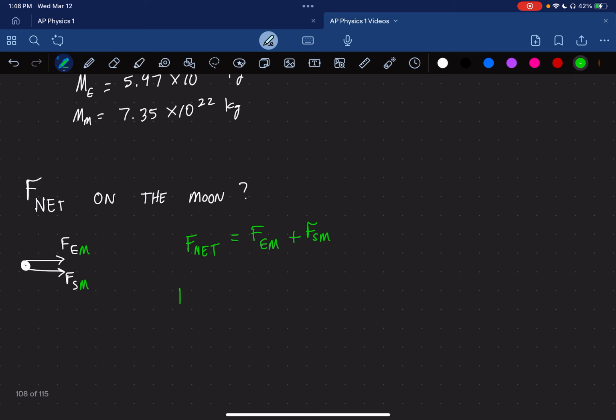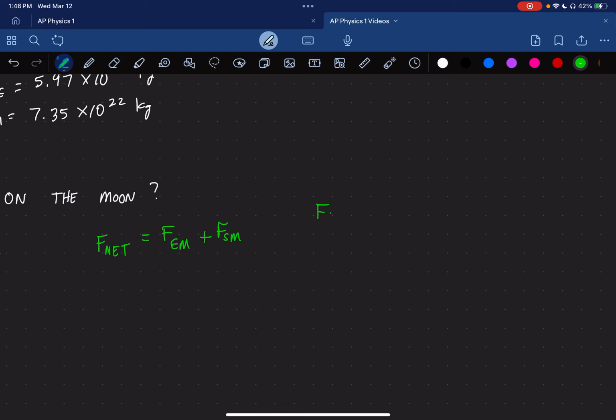So let's see. You know what? I think I want to do this separately. My subscripts are not that good. These are really supposed to be real tiny subscripts here. So the first force, the Earth on the moon, I'll just do this calculation really quickly here.